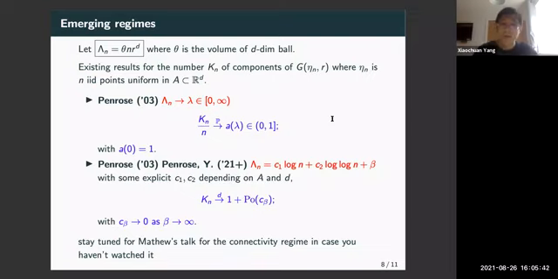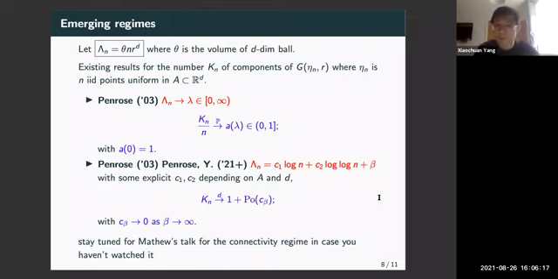When lambda_n goes to infinity at the log n rate, this is very precise. There exist two constants, C1 and C2, such that if lambda_n grows to infinity at this rate, where beta is a fixed constant, then one can show that K_n minus 1 converges to a Poisson random variable with finite parameter, and this parameter depends on beta.